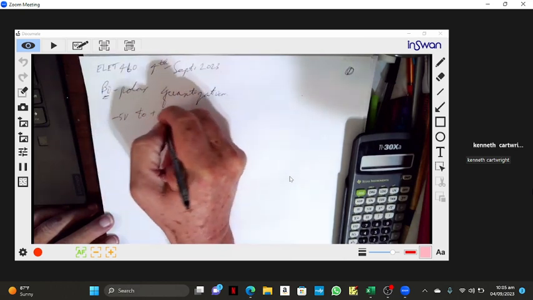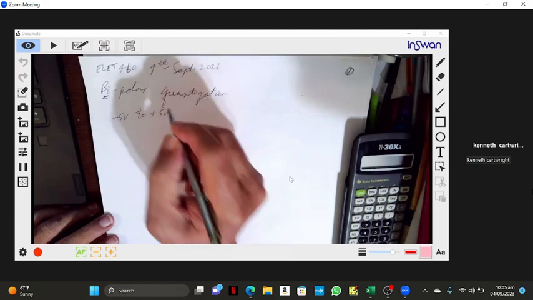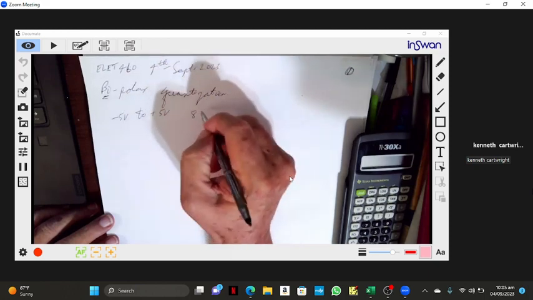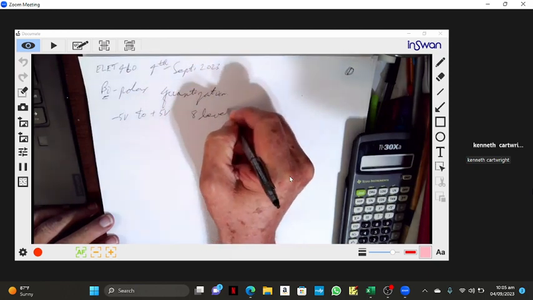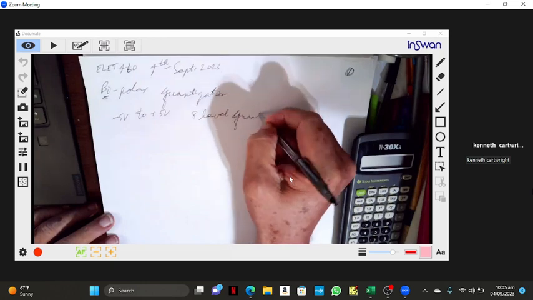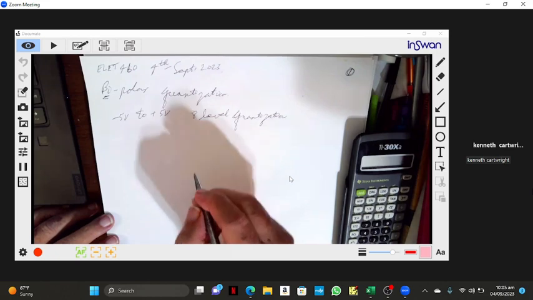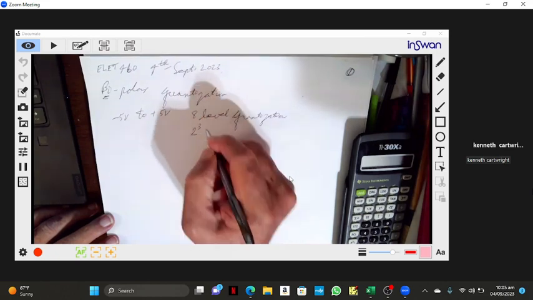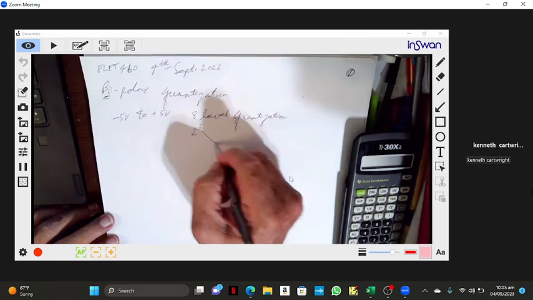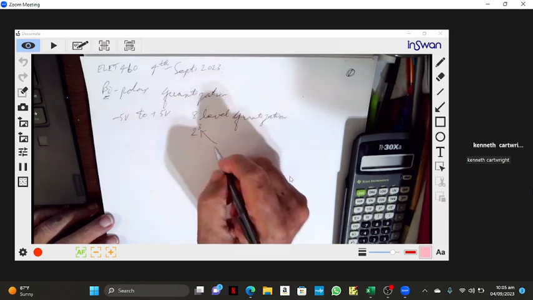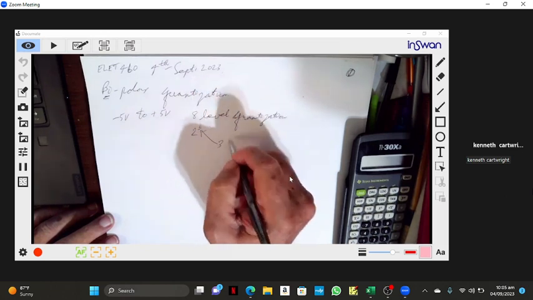Okay. So we have a bipolar signal, let's say from -5 to +5. I want to do 8 level quantization. And 8 levels means 2 to the 3, so 3 bits.